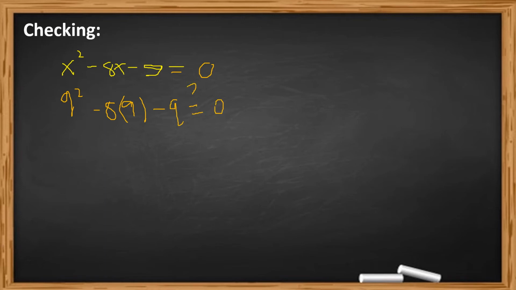So we have to add a question mark because we are not sure yet. So 81, 9 squared, minus 8 times 9 is 72, minus 9 equals question mark pa rin 0. But 81 minus 72 is 9, minus 9 equals 0. Is it really 0? Yes, because 9 minus 9 is 0, of course.